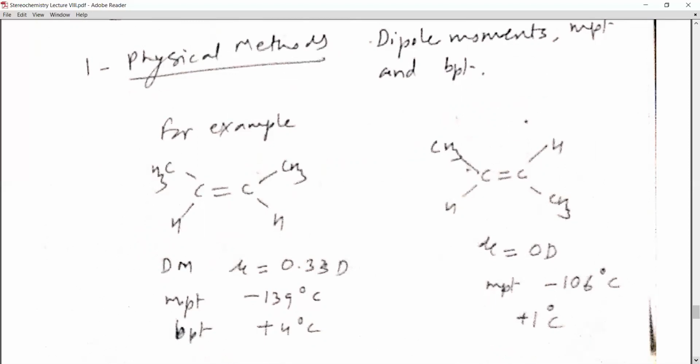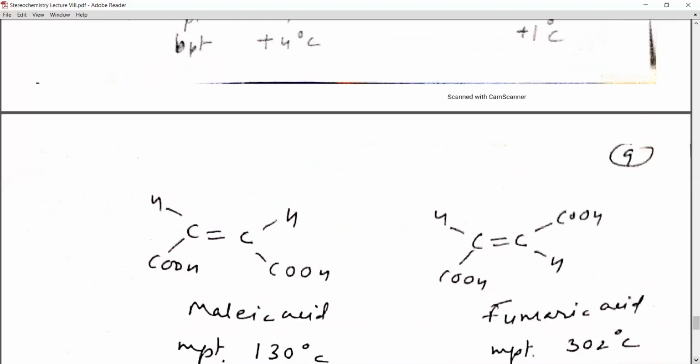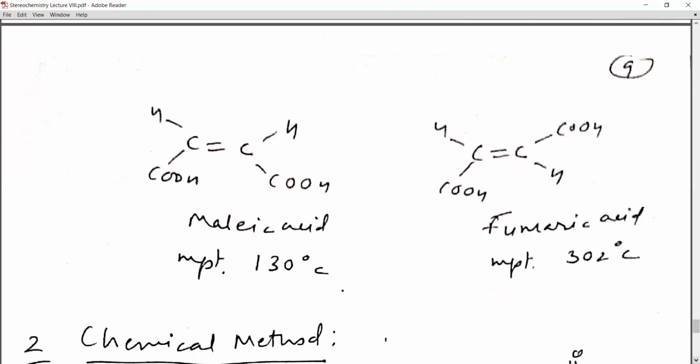Melting point is minus 139 degrees centigrade for cis, which is lower, and for trans it is higher. Boiling point is plus 4 degrees centigrade in cis-2-butene, whereas in trans it is 1 degree centigrade. Maleic acid has melting point 130 degrees centigrade, whereas fumaric acid has melting point 302 degrees centigrade.